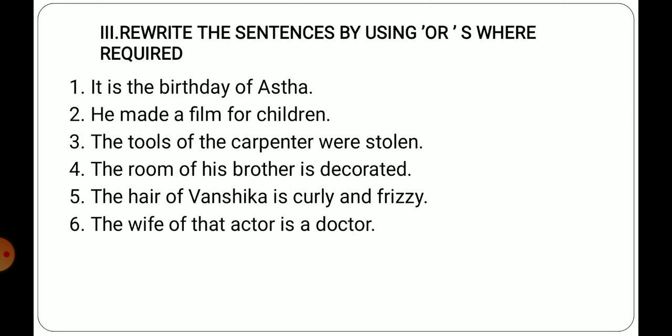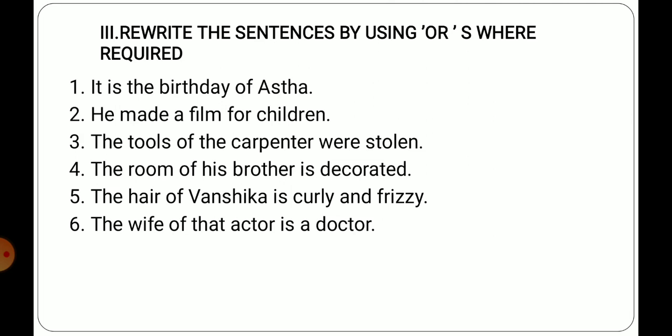So, it is the birthday of Astha. It is Astha's birthday. You will be writing the complete sentence. He made a film for children. He made a children's film. The tools of the carpenter were stolen. The carpenter's tools were stolen.